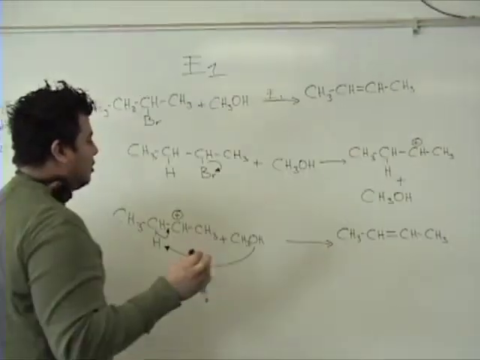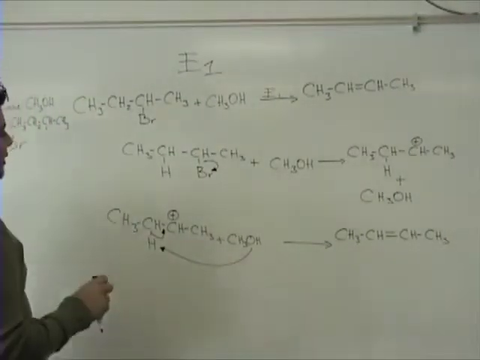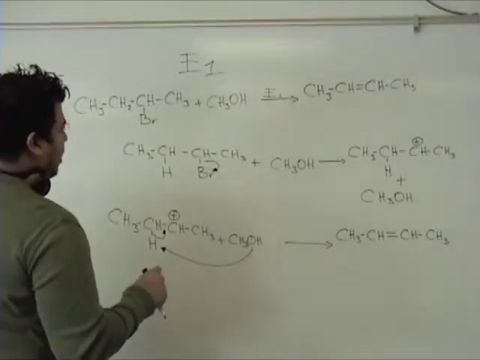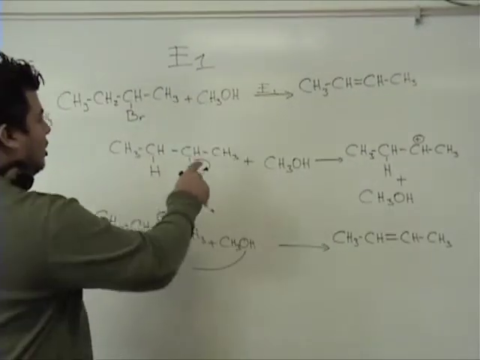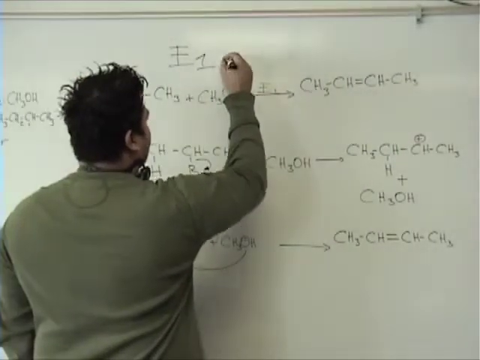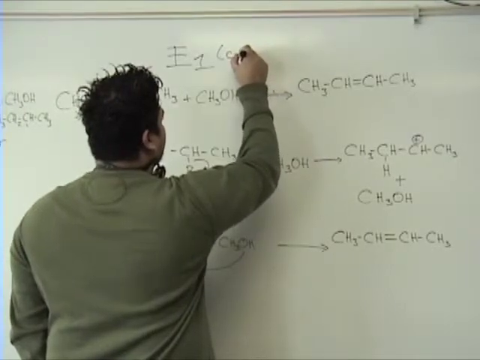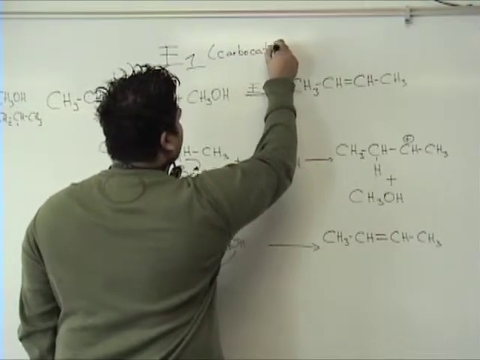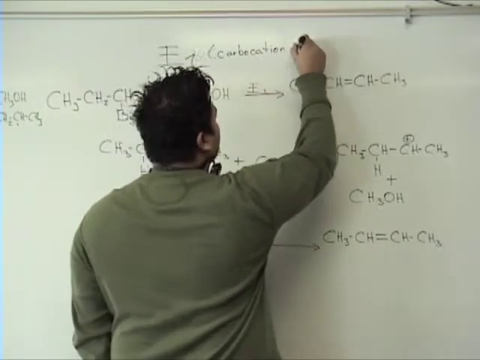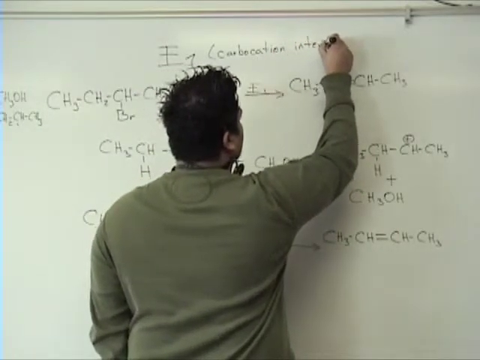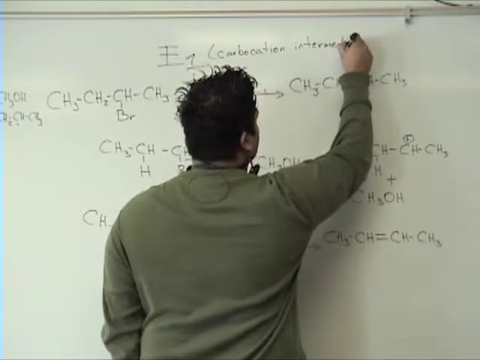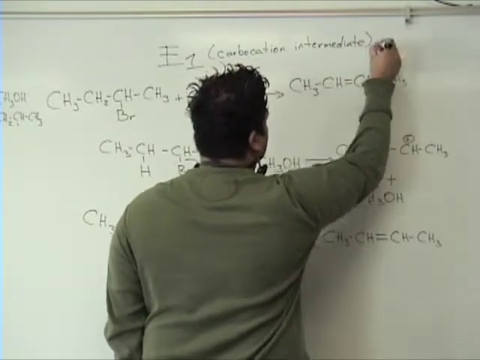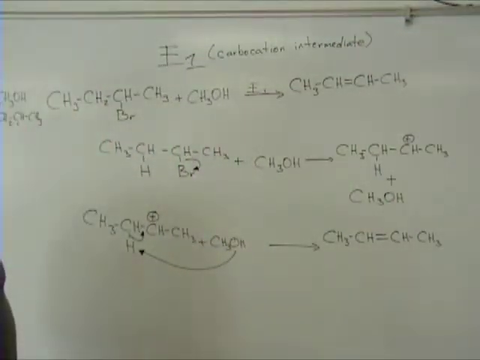We get an alkene. So the way this happens is, first thing, you have to remember that E1 has a carbocation intermediate.